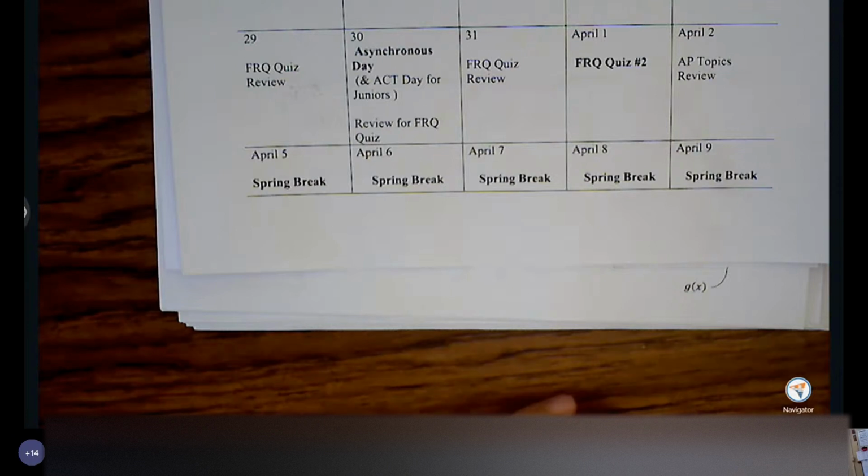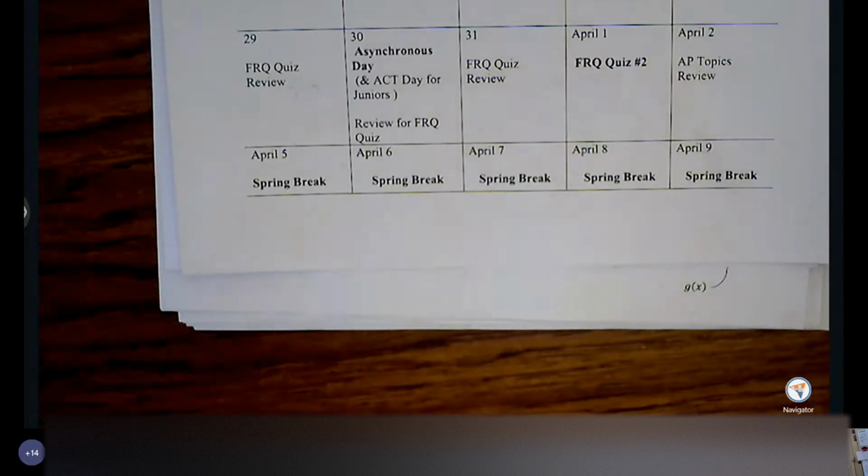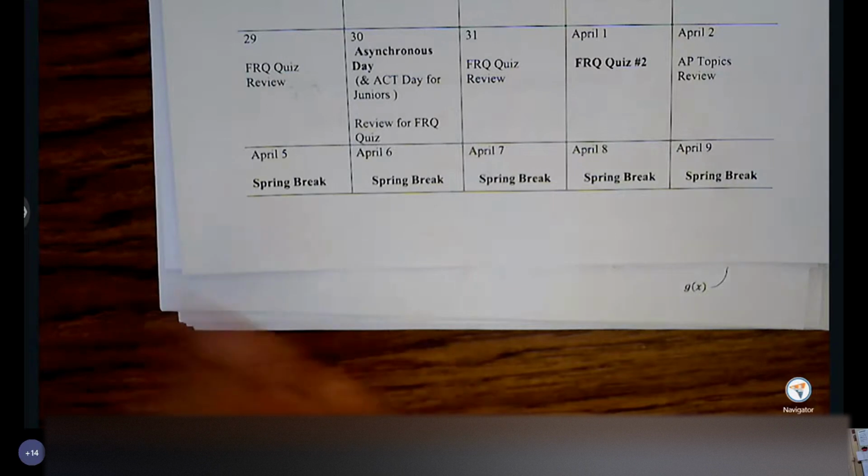For us, our AP coordinator is Ms. White, and she's going to be the one. I think she hasn't made a decision yet and is still gathering information, but ultimately she's going to decide for our school whether it's going to be in person or virtual or maybe a combination of both. We'll just wait and see what that looks like.